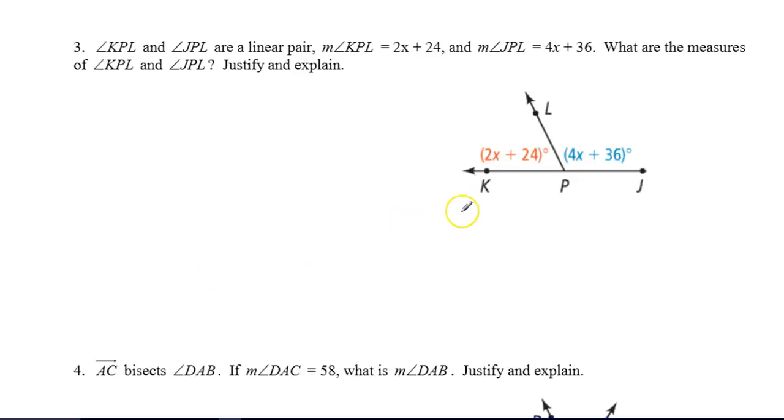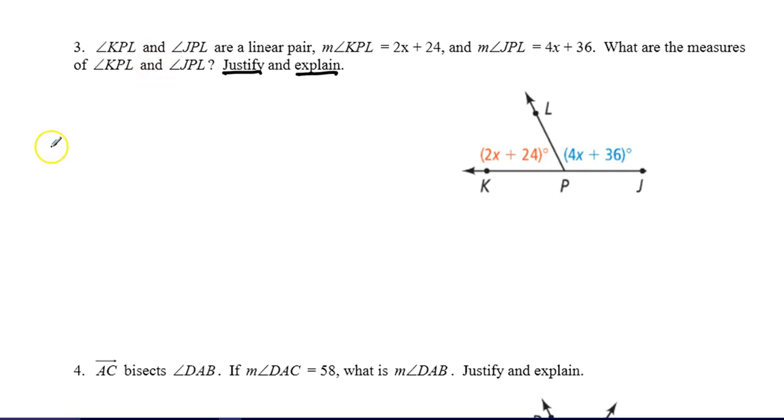Okay, now this is going to start to get into a lot of what we'll do this year with the justify and explain piece. So we want to create a, justify means give a reason for why we have what we have here. So let me kind of lay this out for you.